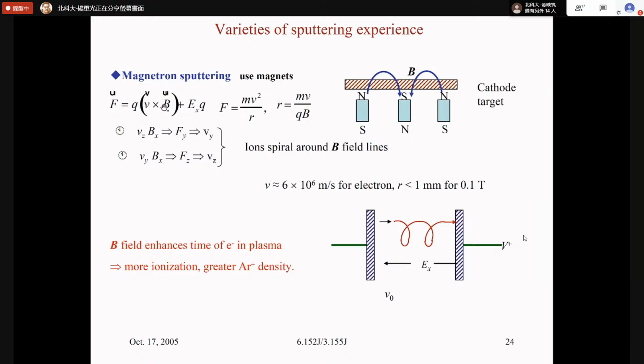It's V cross B plus electric field times charge, okay? So it generates a spiral, 螺旋, around the B field lines, okay? So this is a spiral line it generates. And what is the advantage? Because the B field enhances the time of electrons in the plasma. And then we have more ionization and greater argon density. Okay.